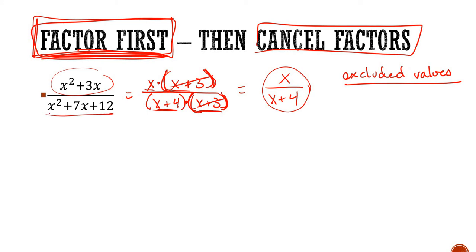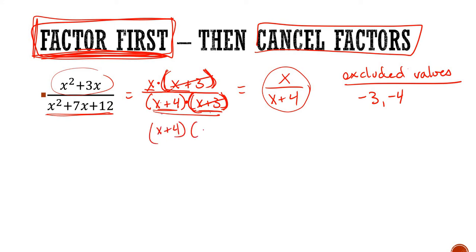Excluded values. I need to do the excluded values before I have canceled. Although this is the simplified version, the original back here had excluded values of -3 and -4. The factors set equal to 0.